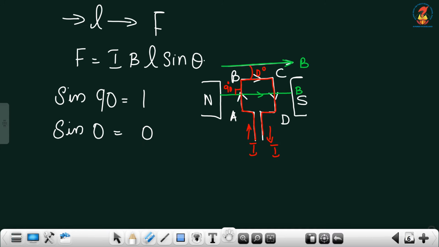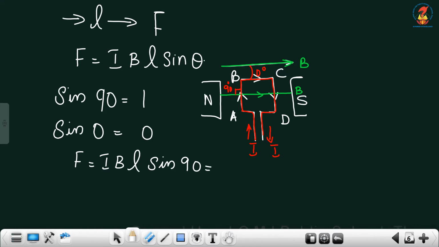So, F equal to I B L sine 90, that is equal to I B L into 1 is equal to I B L. If you want to remember it easily, I will write it B I L, B-I-L.